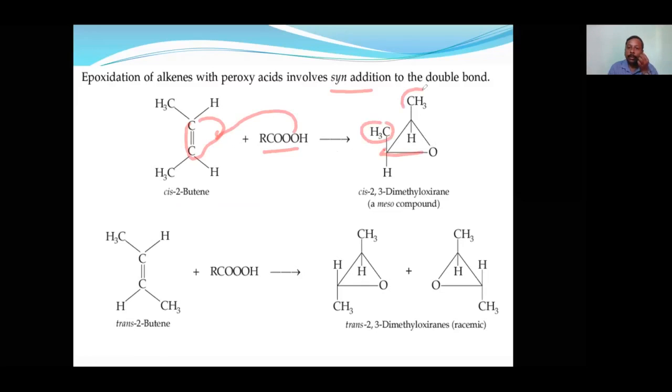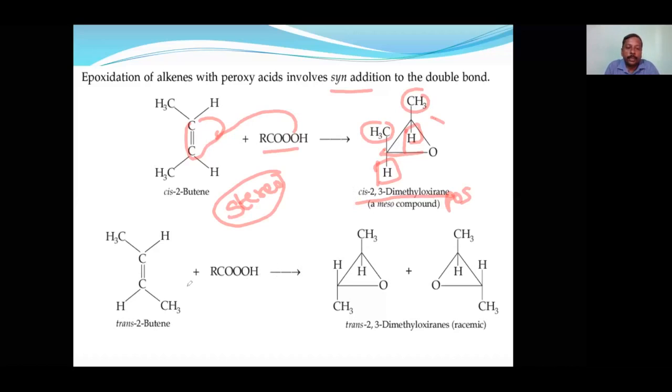Both methyl groups are on the same side, both hydrogens on the same side. This is called cis-dimethyl oxirane, and it is a meso compound because of the plane of symmetry. Those who have doubts about stereoisomerism, it is specially done. What is meso, what is diastereomer, what is racemic mixture, that is clearly explained.